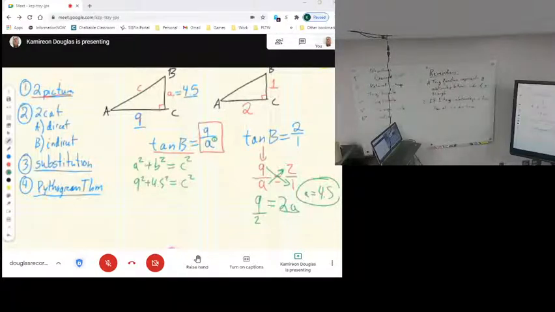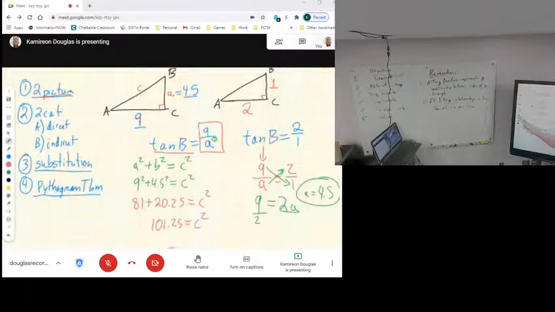And from here, I can solve it manually to figure this out. So I will do it now on the board, unlike the last one where I just did it with the calculator. 9 squared is 81. 4.5 squared, let's see, that would be 20.25 equals c squared. I add those two together, I get 101.25 equals c squared.